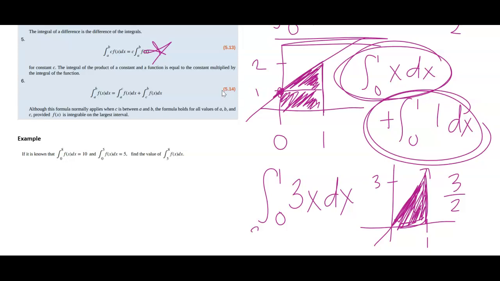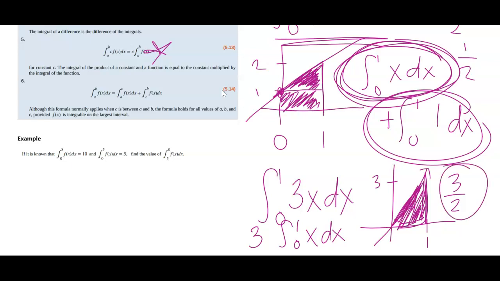But that's the same thing as 3 times the integral from 0 to 1 of x dx. We said up here that the integral from 0 to 1 of x dx, excuse me, I got tongue-tied there, would be 1/2, like that piece is this piece here. And so if I multiply that by 3, I get the same thing. So it's okay to just pull constants out of your integrand.